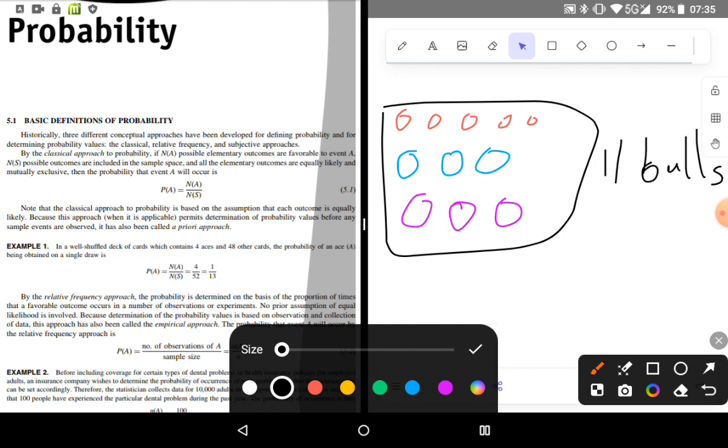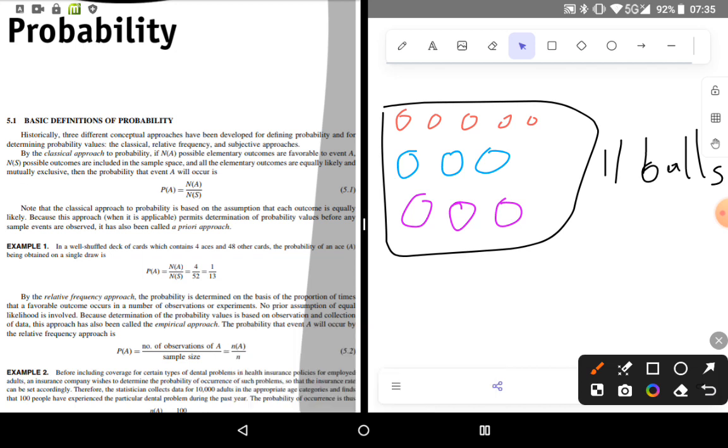So what that is trying to tell us is that when we have probability of this kind, what is that thing that we have to do? Looking at this, if I say, okay, what is the probability of A? Let's say the first question says find the probability of getting a red ball.